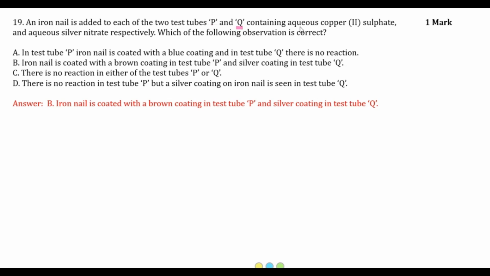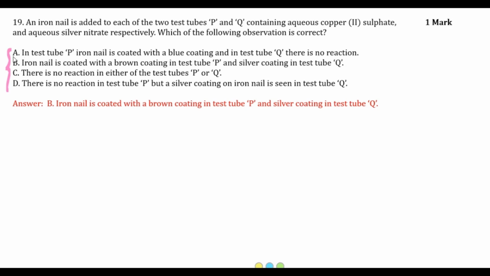P contains aqueous copper sulfate solution, CuSO4, and Q contains aqueous silver nitrate solution, AgNO3. We have to observe the test tubes and tell which observation is correct.